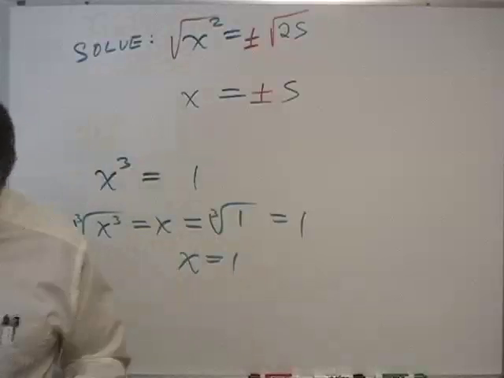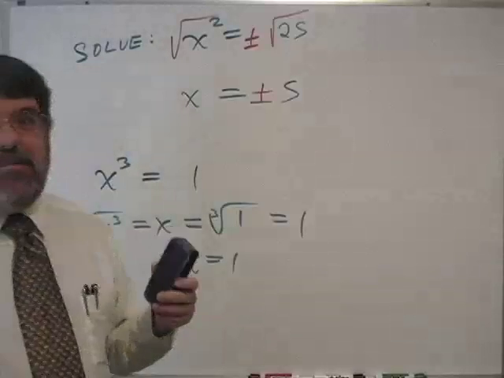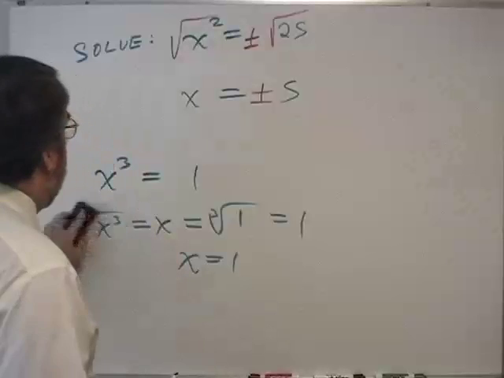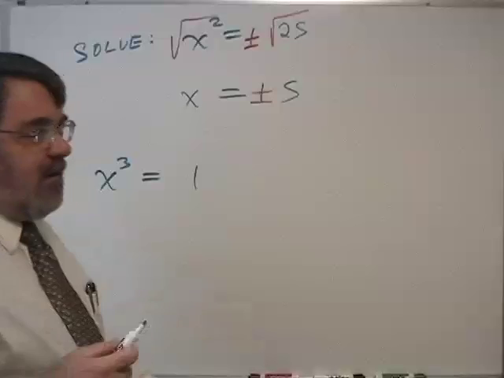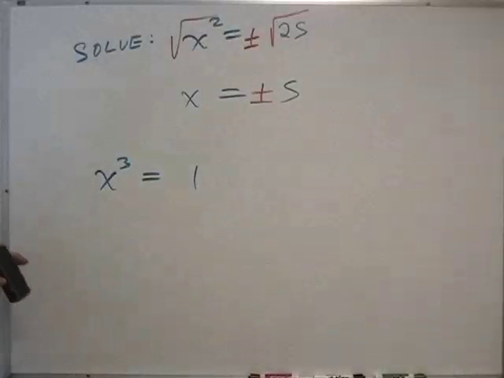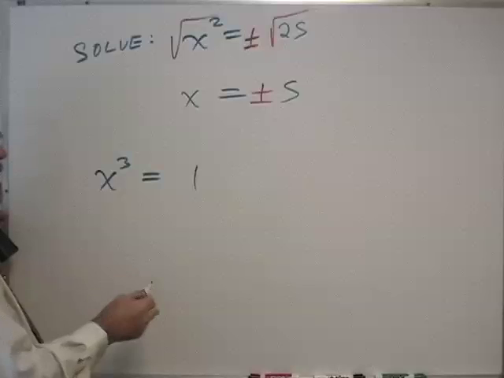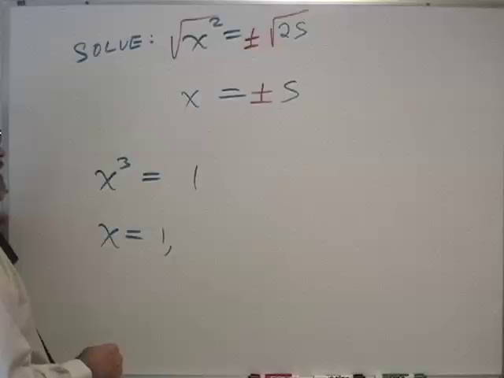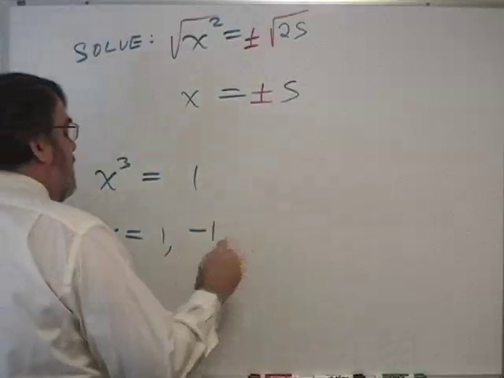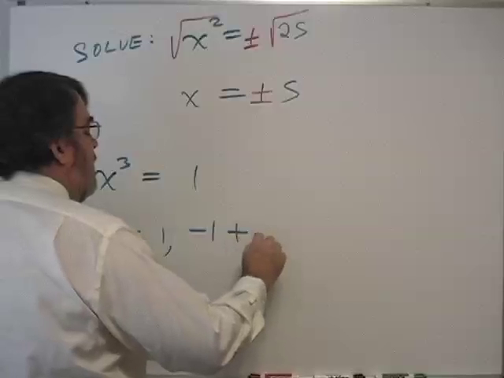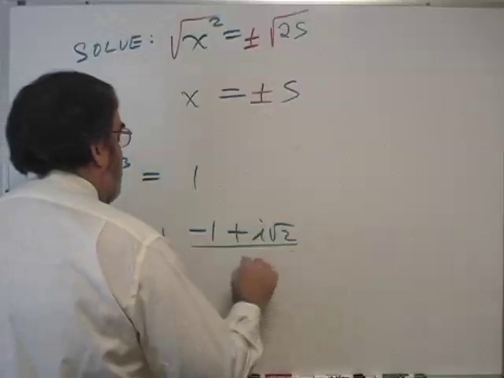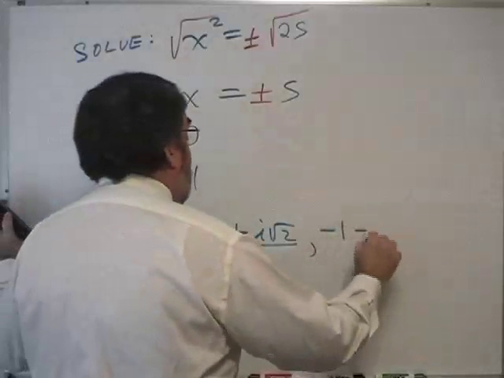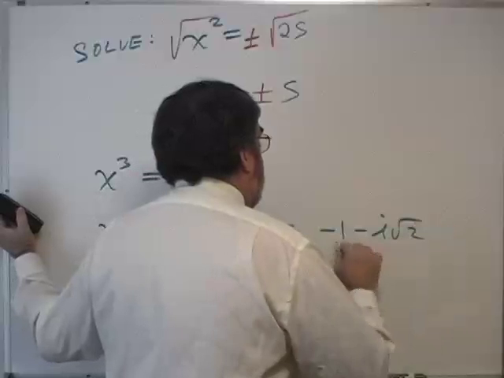Matter of fact, let me write out the three answers. I'm not going to begin to show you how you get these, but you would study this in a trigonometry course if you take it. There's a lot of geometrical things going on here, but actually this problem has the following three answers. x is equal to 1, x is equal to minus 1 plus i times the square root of 3, everything divided by 2, and it also equals minus 1 minus i times the square root of 3 over 2.